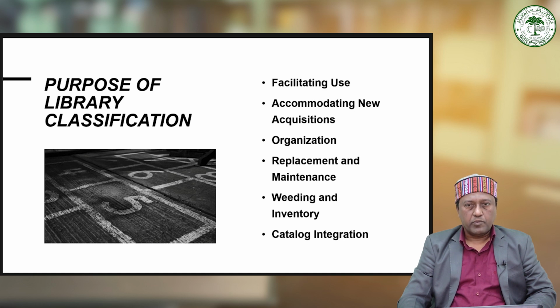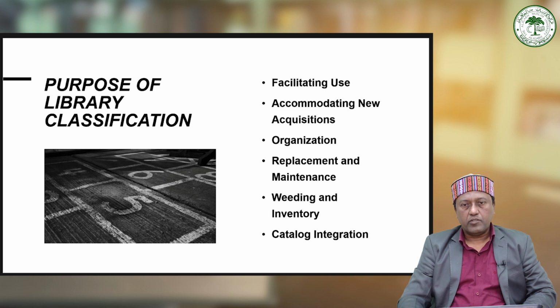The third most important purpose is organization. Classification enables library staff to organize materials in a manner that is helpful both to users and to the library's operational workflow. By categorizing materials into distinct classes or categories, classification systems provide a structured framework for arranging the collection.